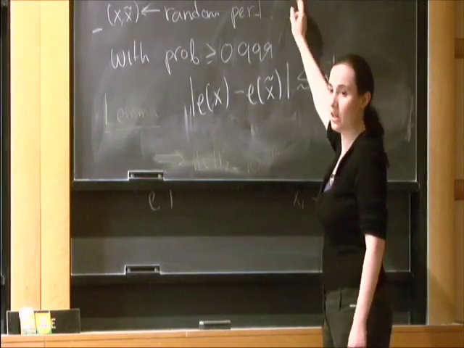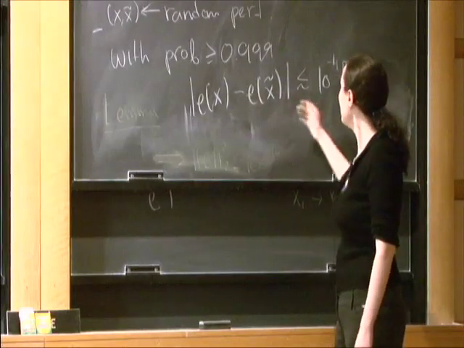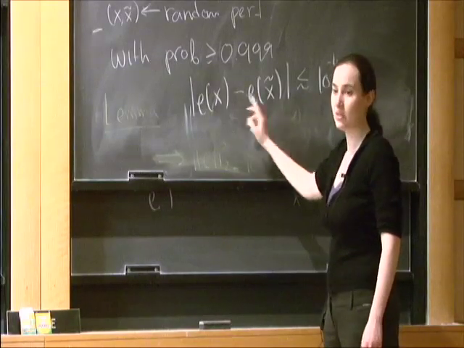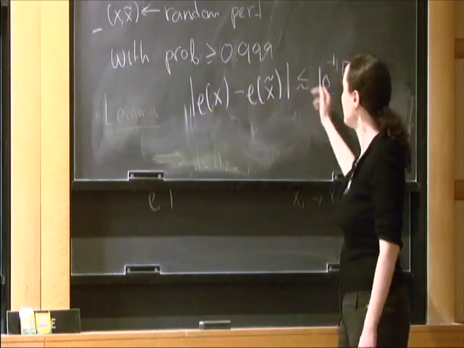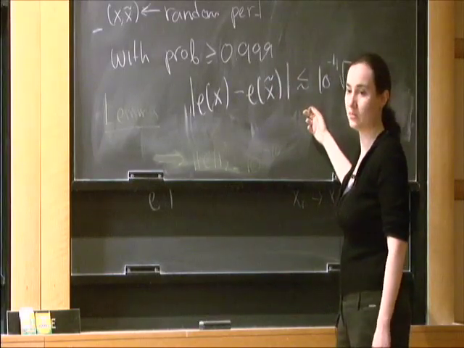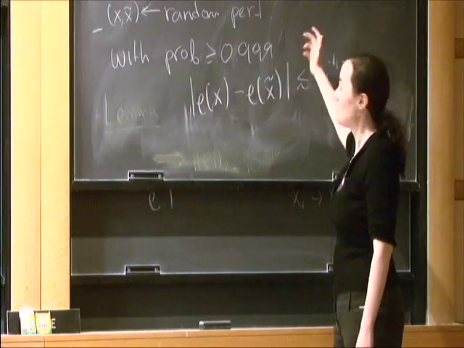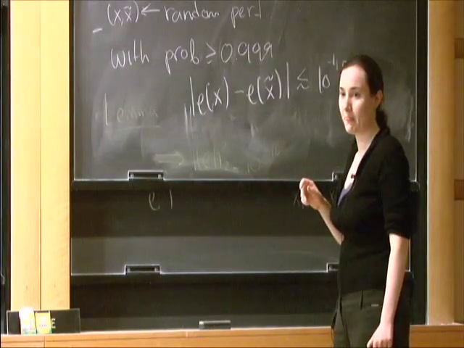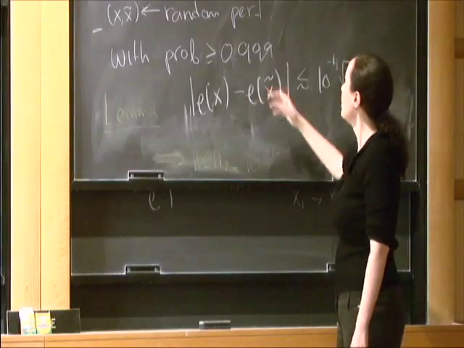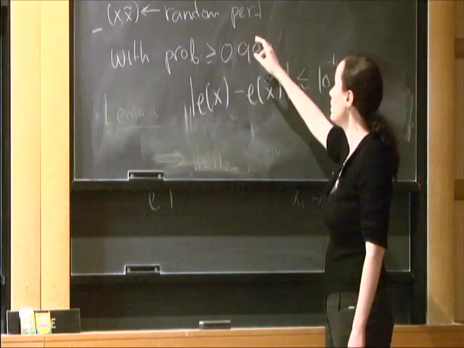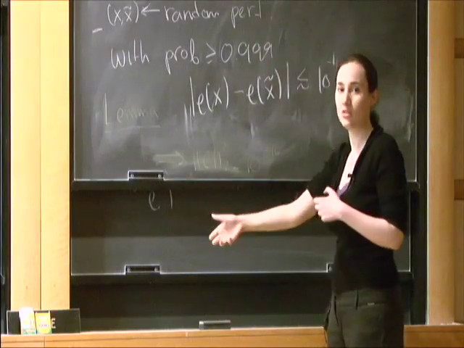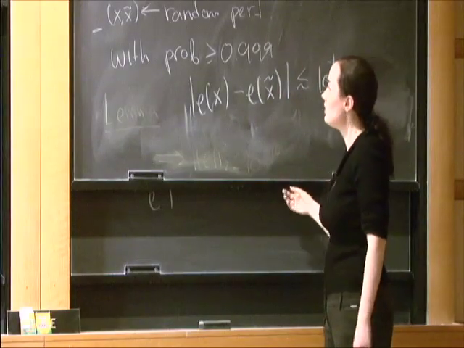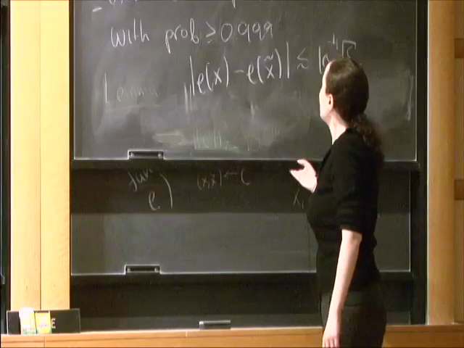So overall, this will be a large constant, and here we'll make sure that usually these two will have the same value, and this will be mostly 0. And we won't have the problem that we had before. So this is the plan: to convert E into a Boolean E, where if it changes, it changes a lot, and if it doesn't change, it doesn't change at all. And then these will be contradictory to this.